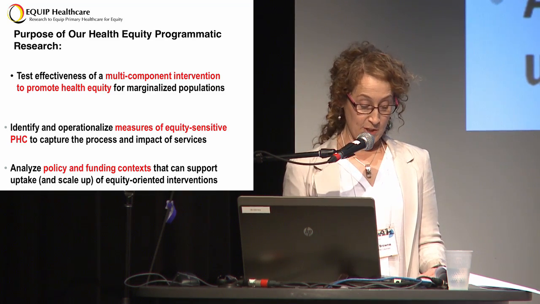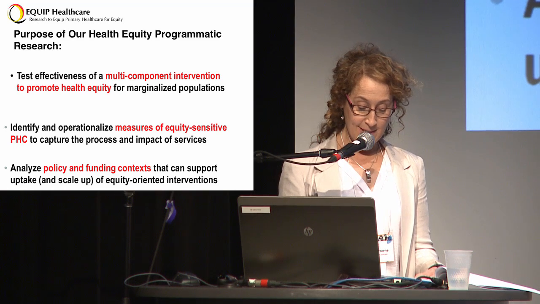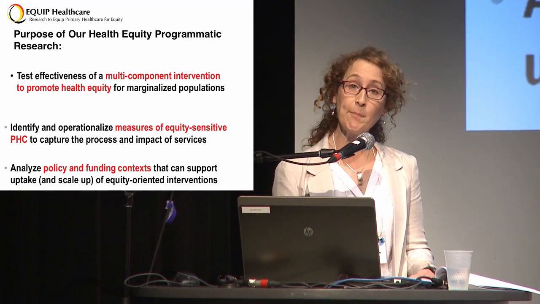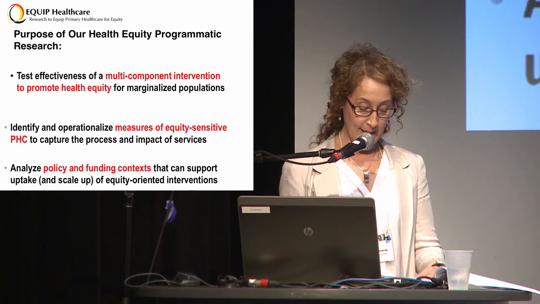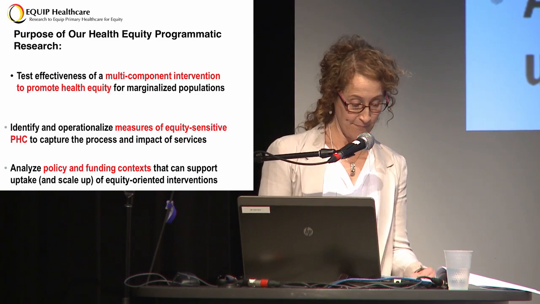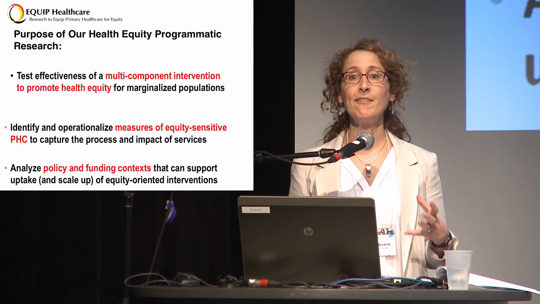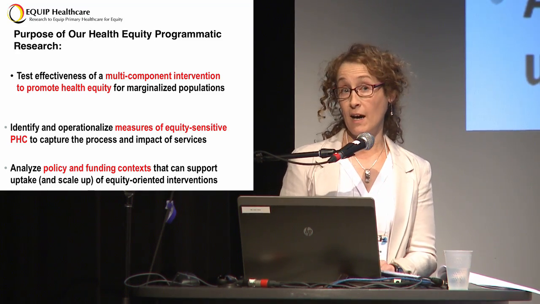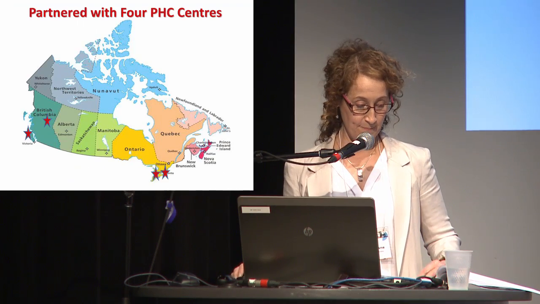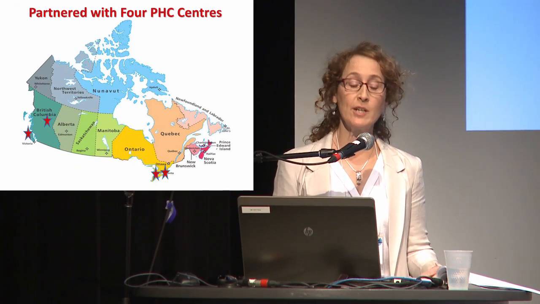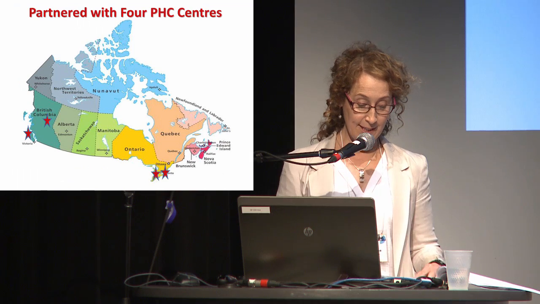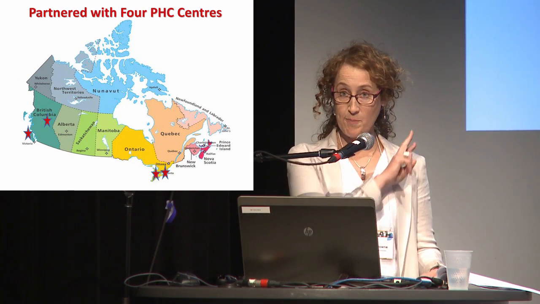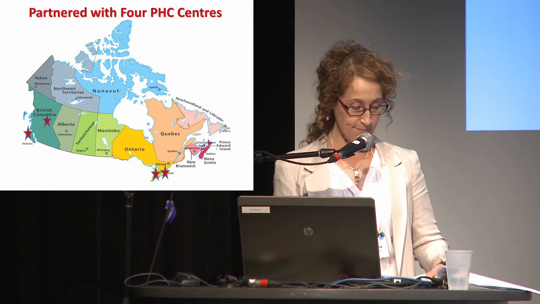Secondly, we are aiming to identify and operationalize measures of equity-sensitive primary health care to capture the processes and the impact of services, and to analyze the policy and funding context that can support the uptake of equity-oriented services. And to do this, we're partnered with 4 primary health care clinics. 2 are in BC and 2 are in Ontario, as marked by these red stars.